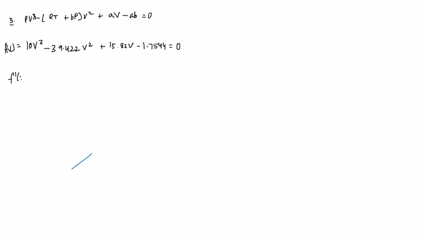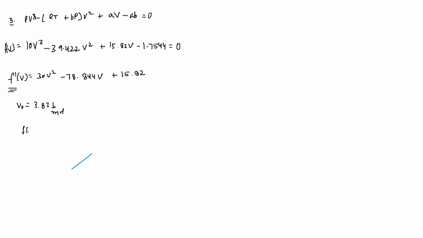And f dash of v we'll get as 30v square minus 78.844v plus 15.82. All right. So once we have f of v, f dash v, then we'll go ahead and form our first guess. So our first guess is the ideal volume, which we have already calculated to be 3.83 liter per mole.